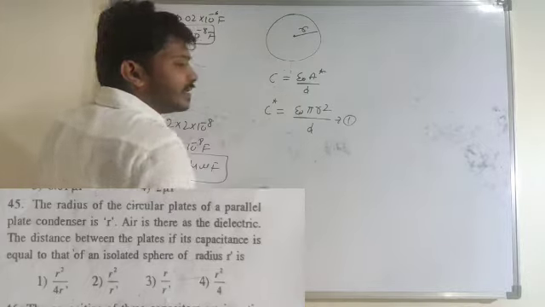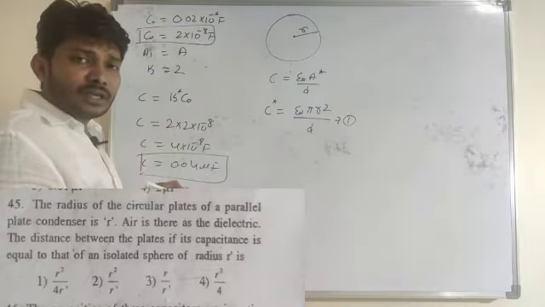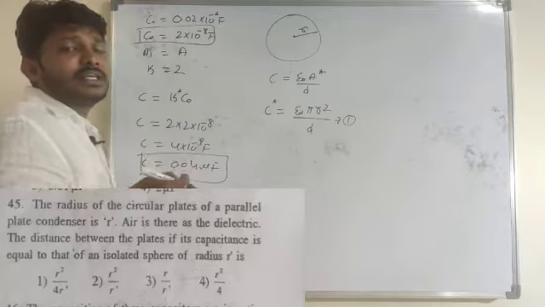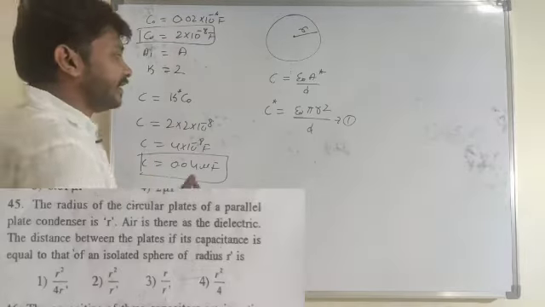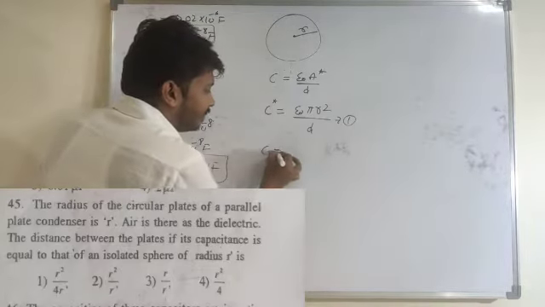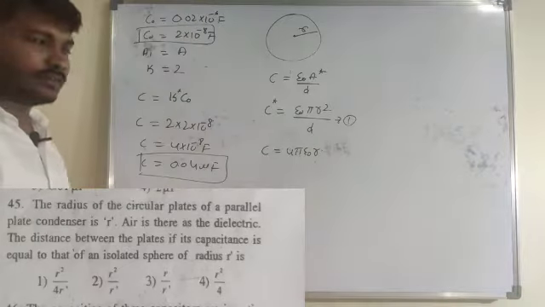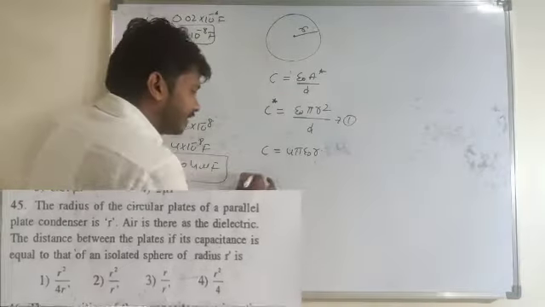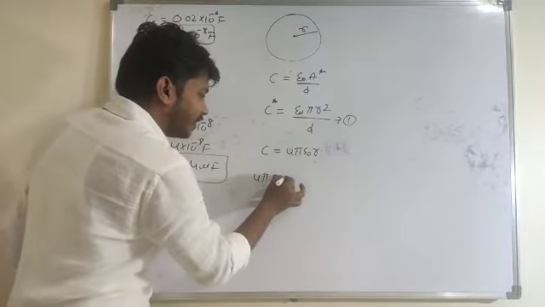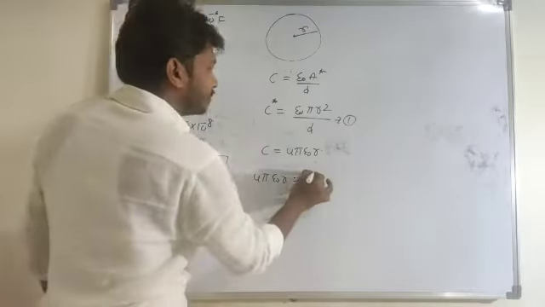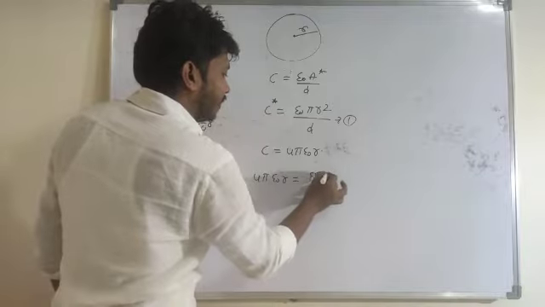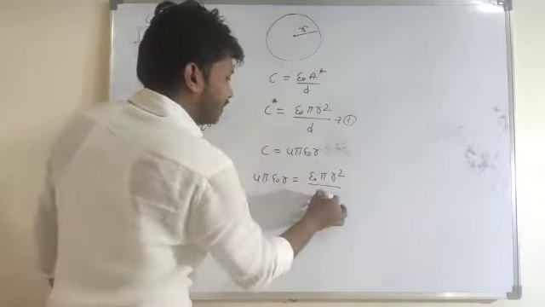So what is the formula for the capacitance of an isolated sphere? Do you remember that C is equal to 4 pi epsilon naught into r? So instead of C, I write 4 pi epsilon naught into r dash, equal to epsilon naught pi r square divided by d.